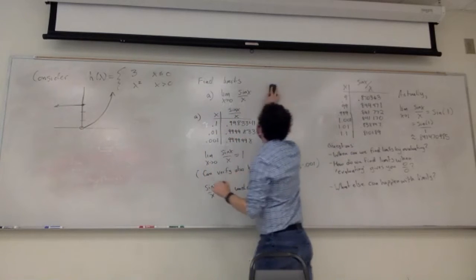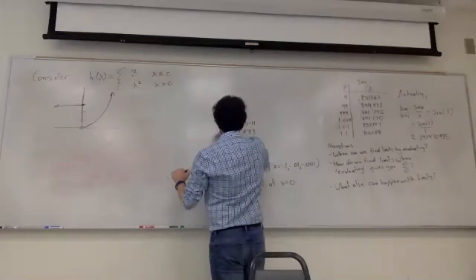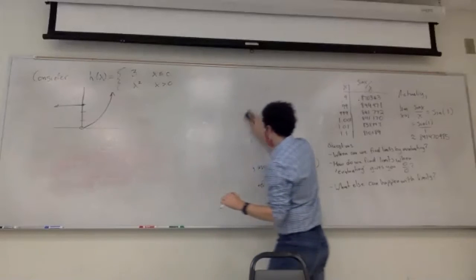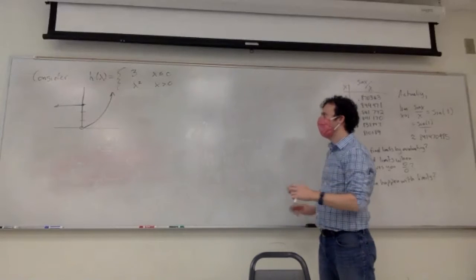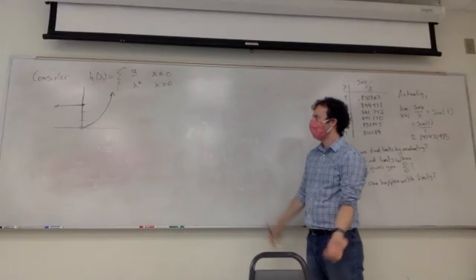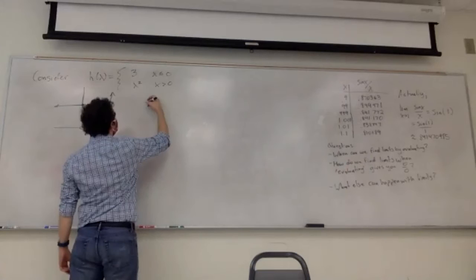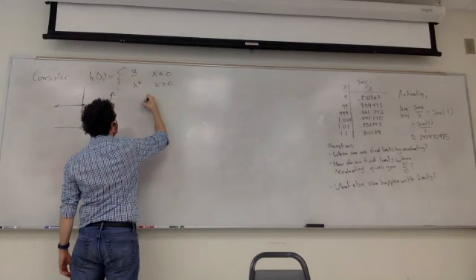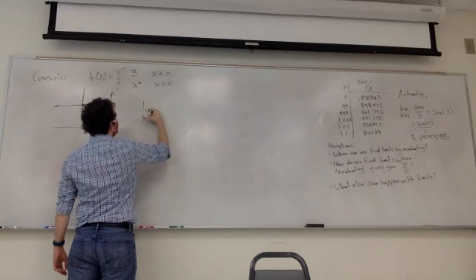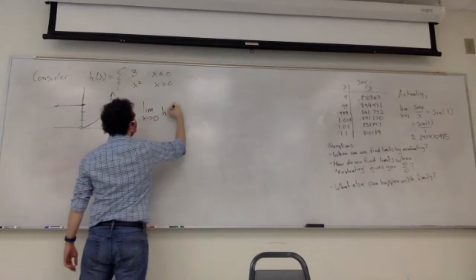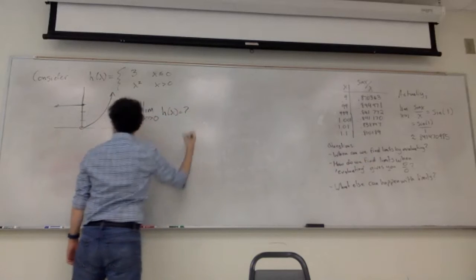And then the question, well, if we're talking about limits, there's really a kind of obvious point where we should ask what the heck is going on, and that's what is the limit as x goes to 0 of h of x.